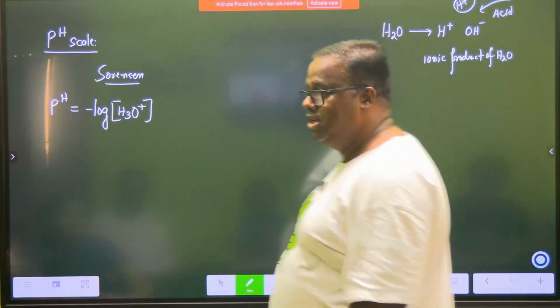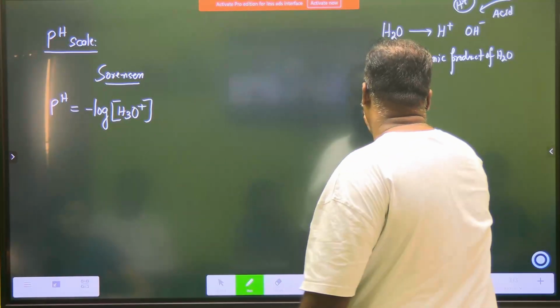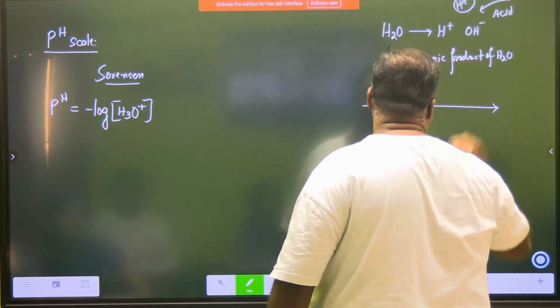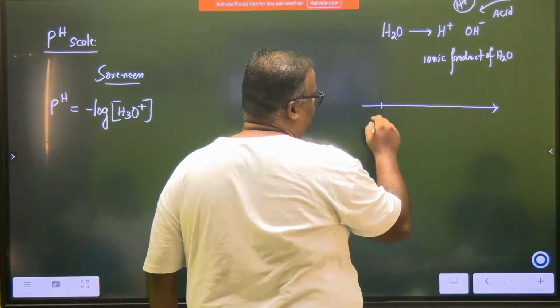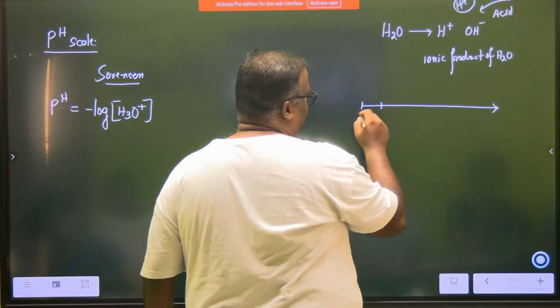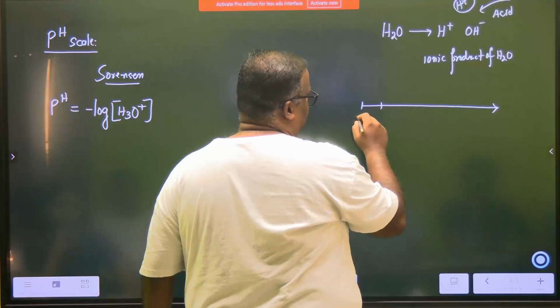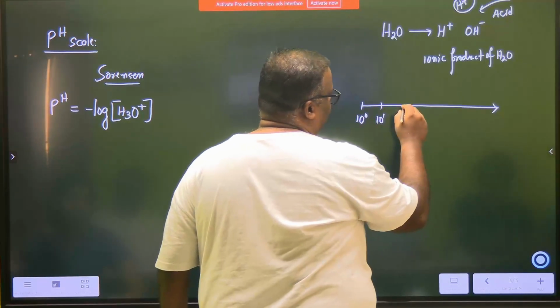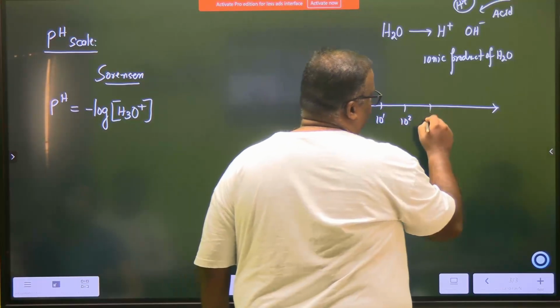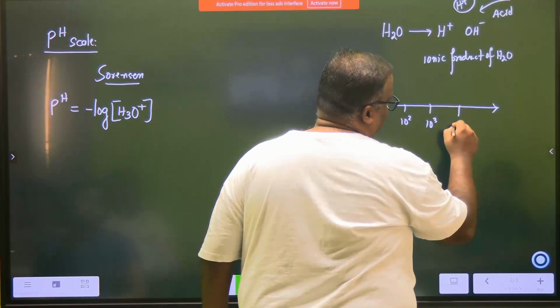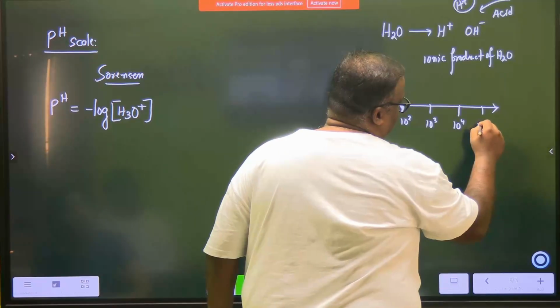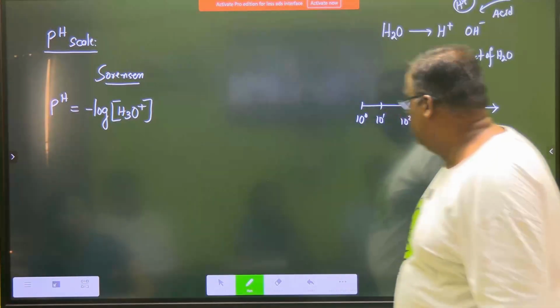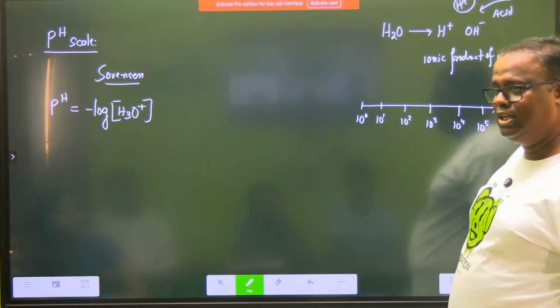But look, if I change the x-axis like this, if I now start plotting my x-axis as 10 to the power 0, 10 to the power 1, 10 to the power 2, 10 to the power 3, 10 to the power 4, 10 to the power 5, don't you think I can plot everything that I spoke so far?